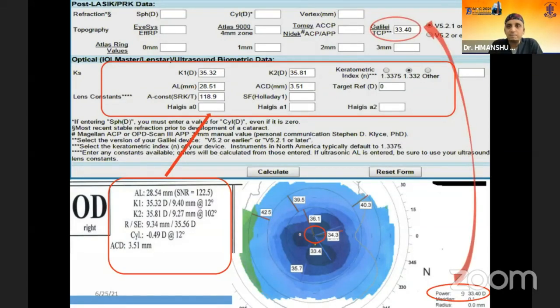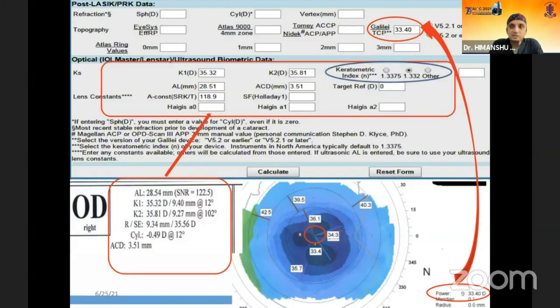But the place where we put our central power data is where the Galilei part has been given. The true or total corneal power is for the Galilei, which we have not used, but instead we can put this data in that place.